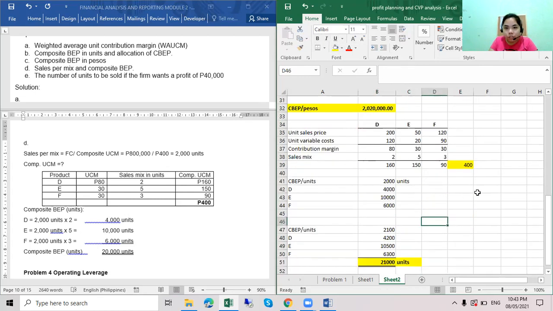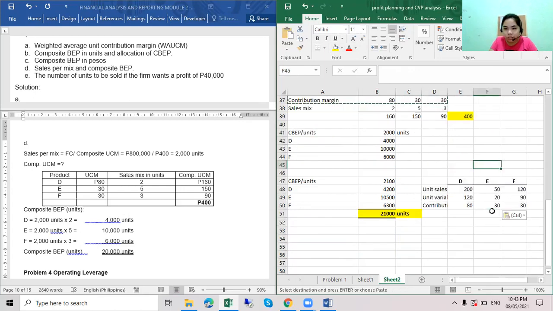If you want to check, let's check. D is 4,200 units, then 10,500 and 6,300.